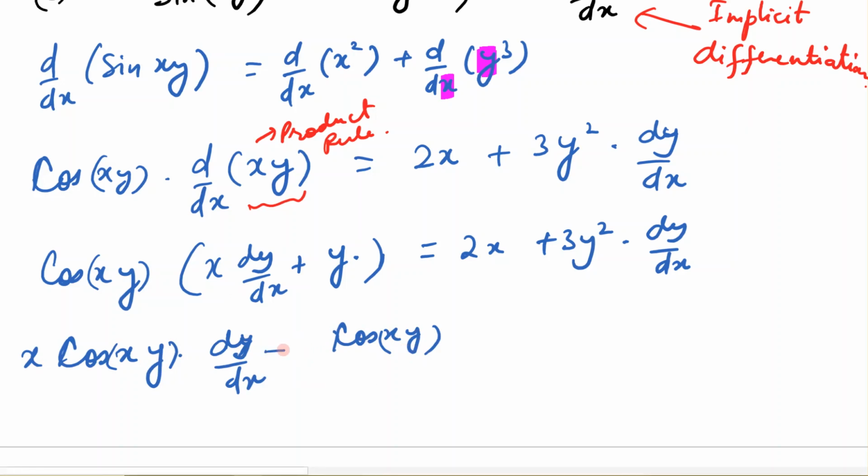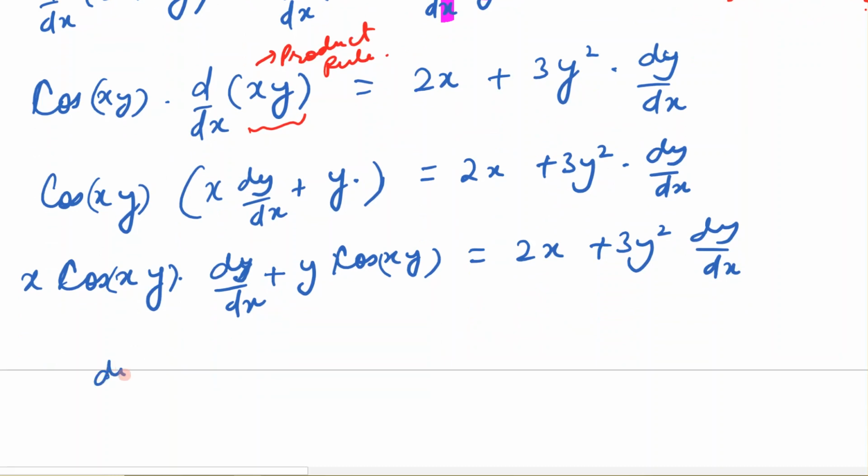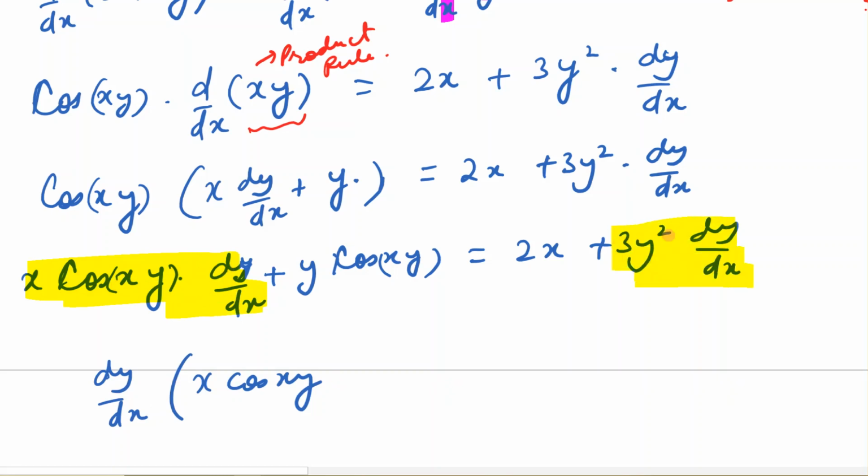I'm just going to write y in front, and then we have 2x plus 3y squared dy over dx. In the next step, we put the dy over dx terms on one side, so inside we have x cosine xy, and we're also going to bring this term to this side and combine these two terms, so that makes minus 3y squared here, and on the other hand we get 2x minus y cosine xy.